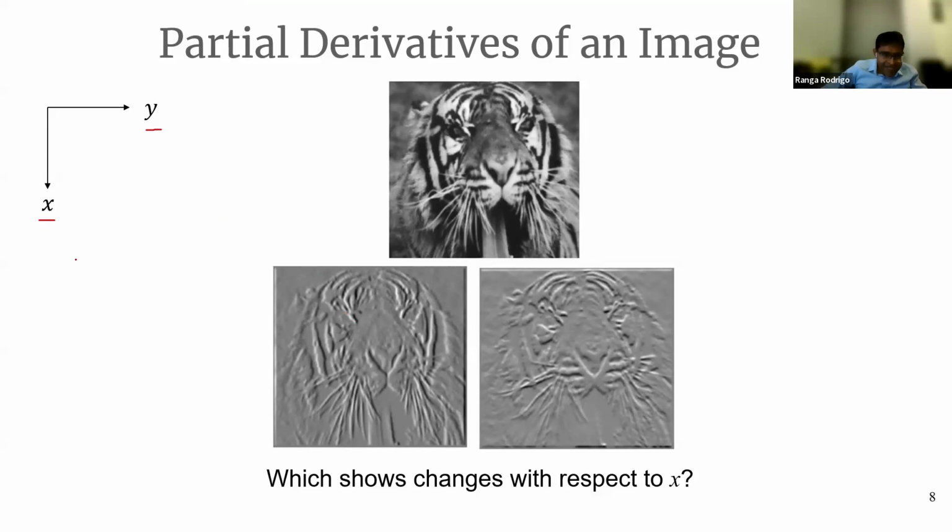We have two derivatives, A and B. I'm asking you, what is a partial derivative of the image? Let's call this image F. F x. What is that? So can you please type the answer?